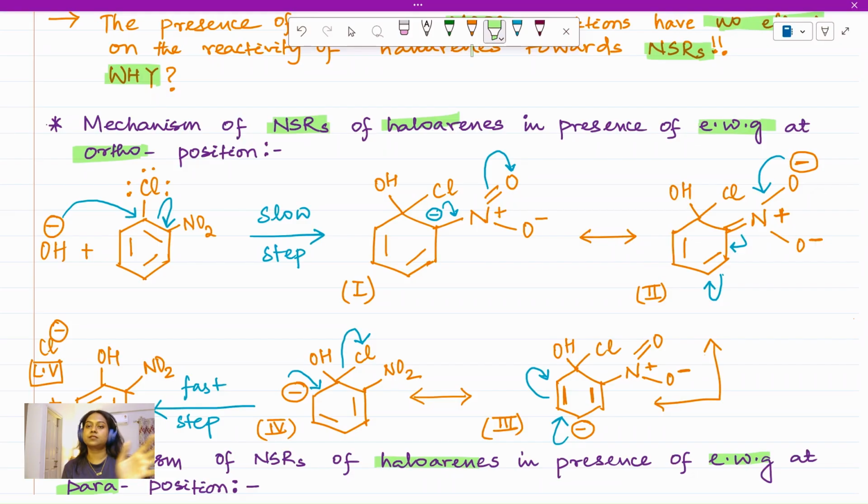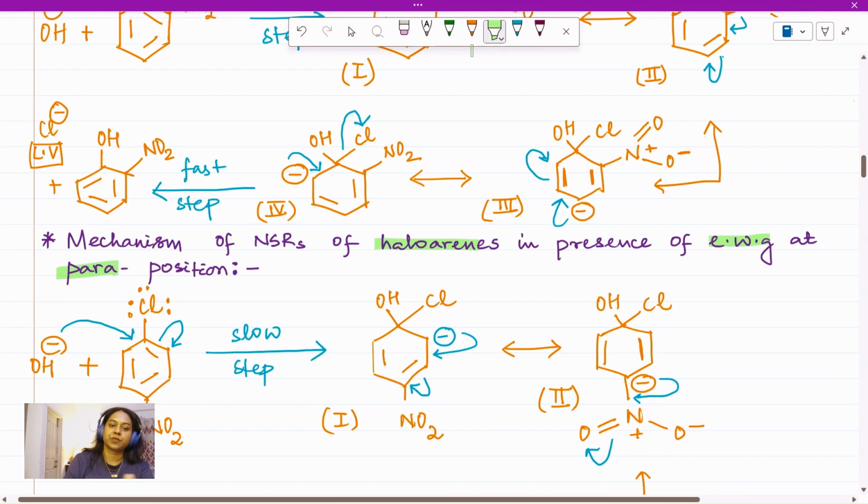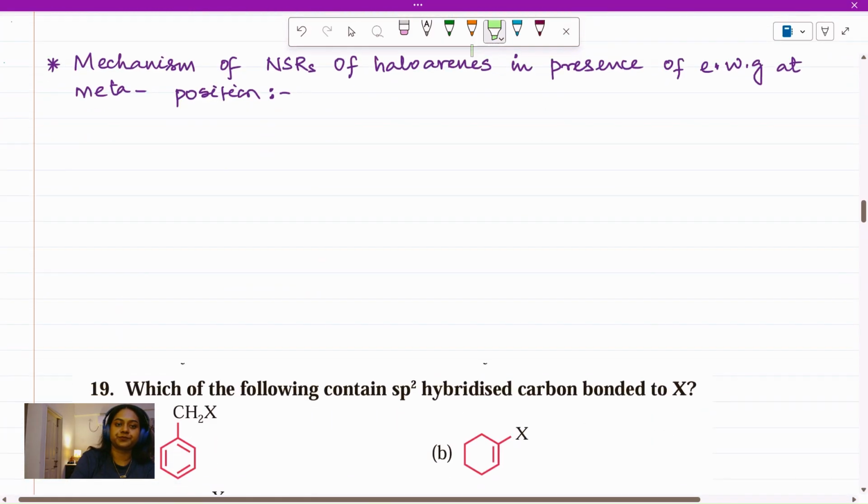Now we'll look at the third position, which is the meta position, and then we will form an important opinion as to why NSR is easier in case of ortho and para electron withdrawing groups and not in case of meta electron withdrawing groups. Okay, shall we continue, Gaurav?